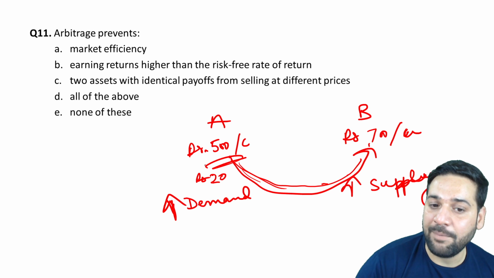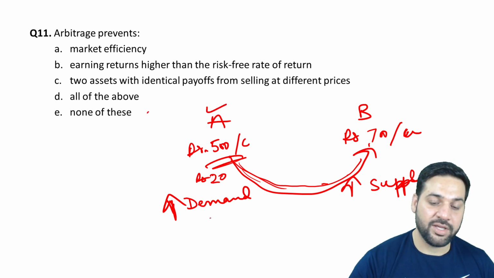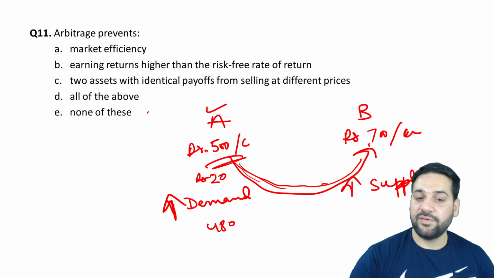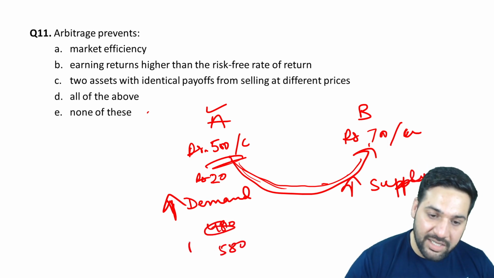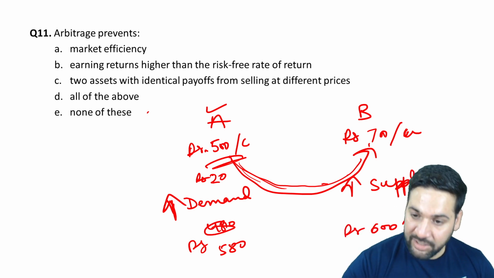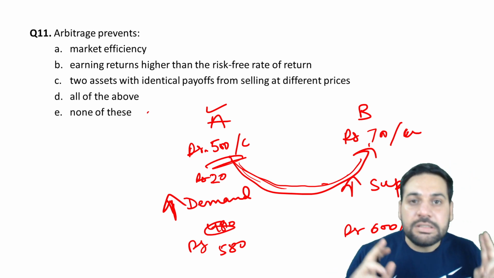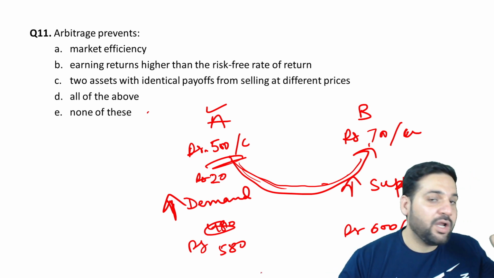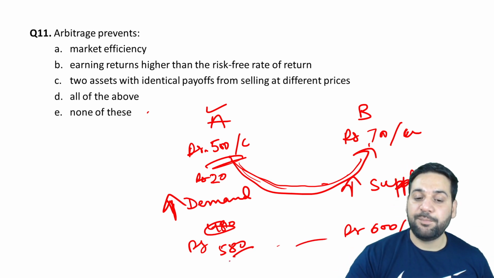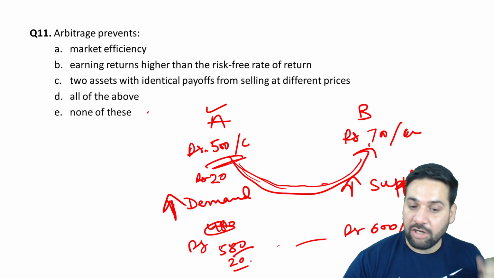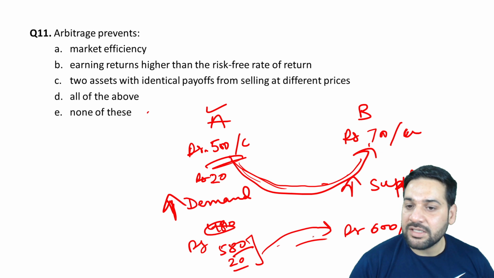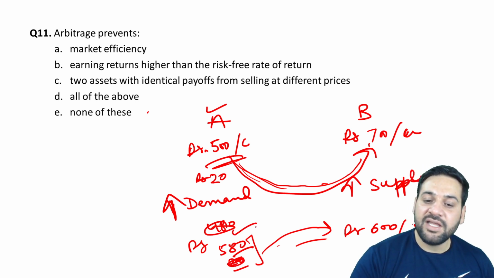As the demand for apples increases in market A, the price of apples would increase in market A, and the price of apples would decrease in market B, and you will continue until the point where it won't be profitable for you to do this. Now, say it is 580 plus 20 rupees for transportation and all, and your cost is 600. Why would you sell it for 600 in market B? So 580 here and 600 there.